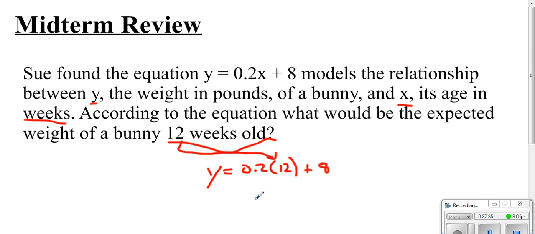And 0.2 times 12 is 2.4. And don't forget, you have to add the 8. So that's going to be equal to y. And y, which is the weight in pounds of the bunny, is 10.4 pounds. And that's it. It's a substitution problem.